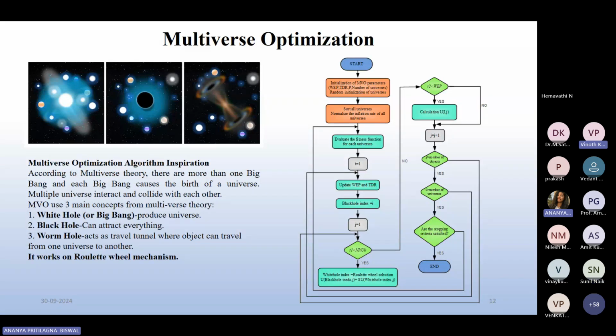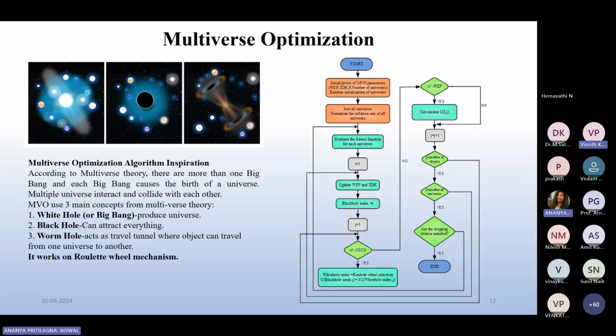Then we sort all the universes and normalize the inflation rate for all the universes. The fitness function of each universe is evaluated, starting from i equal to 1, and we have considered the black hole indexed as i. Then we check whether the white hole index is equal to the roulette wheel selection or not.